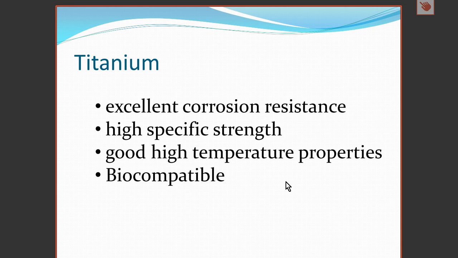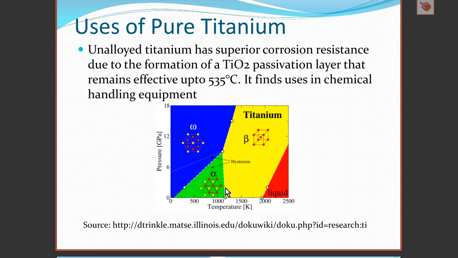Next thing we're going to look at is titanium. Titanium has excellent corrosion resistance. It can withstand high temperatures. It has a high strength to weight ratio and is biocompatible. So if we have a look at the phase diagram, I've shown this against pressure here, but atmospheric pressure is about 1/10 of a gigapascal, so we're somewhere down here basically.